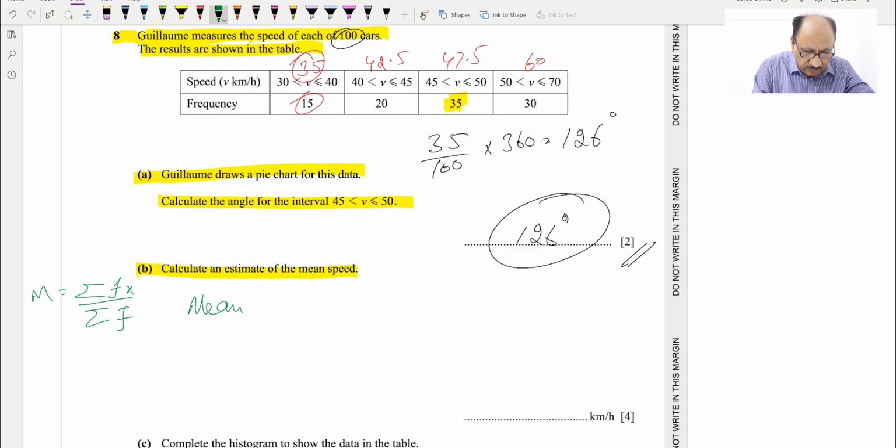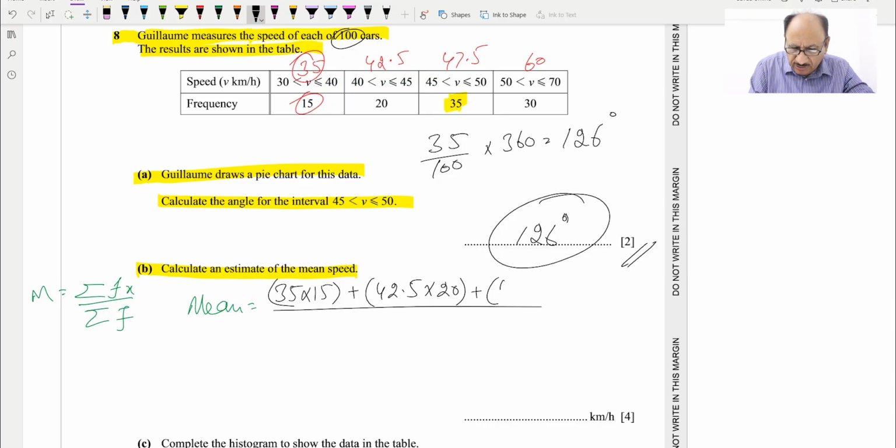So mean will be equal to 35 into 15 plus 42.5 into 20 plus 47.5 into 35, and last plus 60 into 30, divided by the total, which is 100.